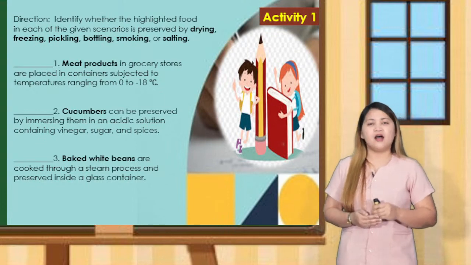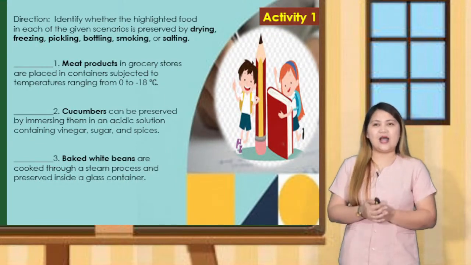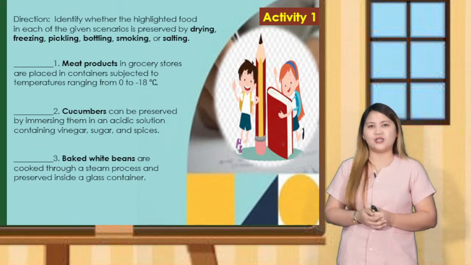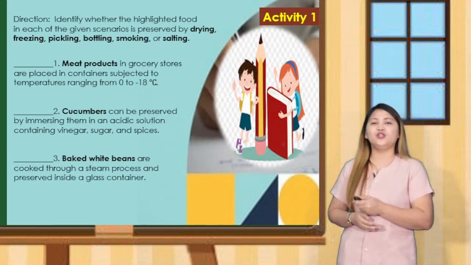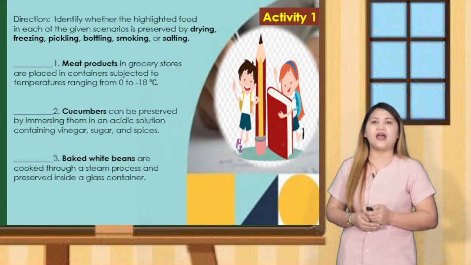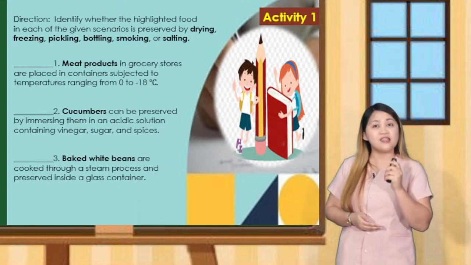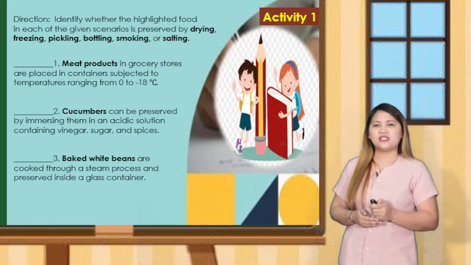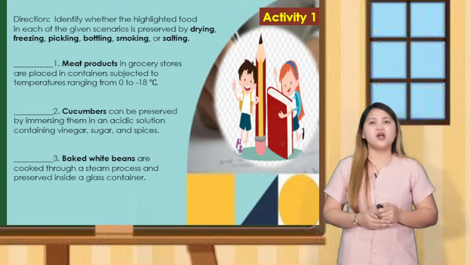This helps us avoid food wastage. Let us now see if you really learned something from this discussion through an activity. All you have to do is identify whether the highlighted food in each scenario is preserved by drying, freezing, pickling, bottling, smoking, or salting.